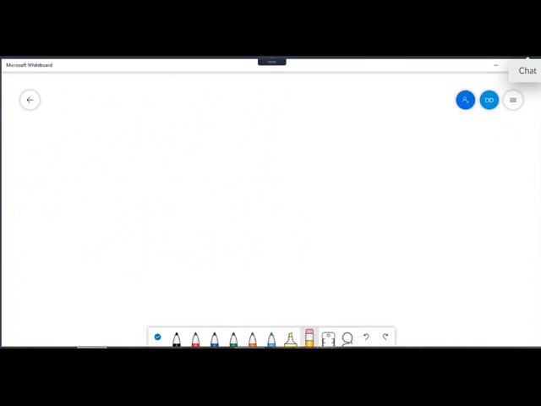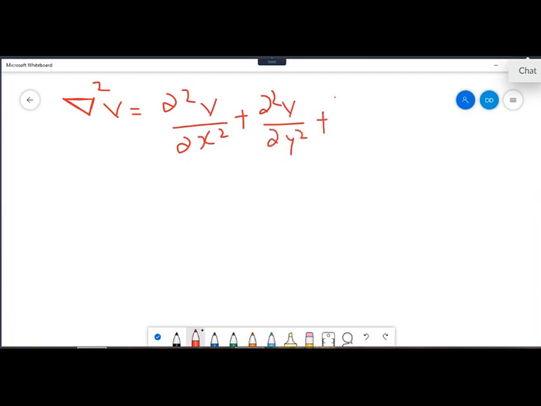In Cartesian coordinate system, it is straightforward. Del square V is represented as partial differentials squared: del bar square V by del bar x square plus del bar square V by del bar y square plus del bar square V by del bar z square. That's it.